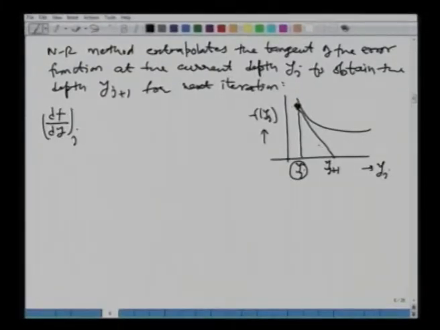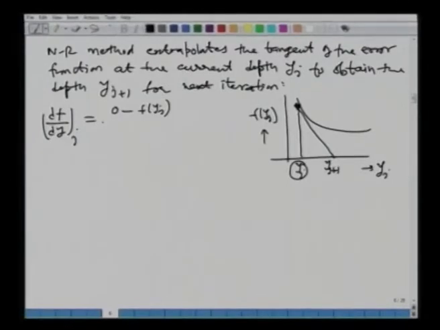What would that be? The first derivative of a line is nothing but y2 minus y1 over x2 minus x1. So, what is the y2 minus y1? What is the value of your f of y at the second point and the first point? Well, it is 0 minus f at y j. Do you see that?